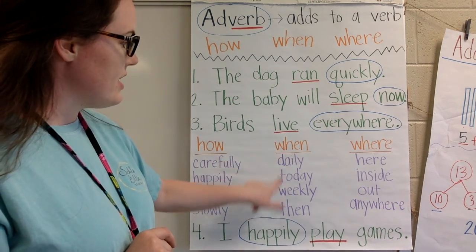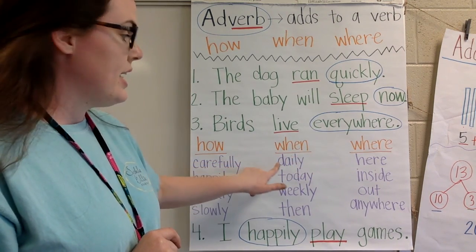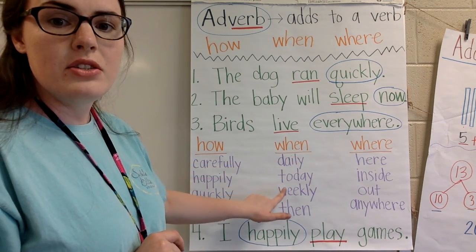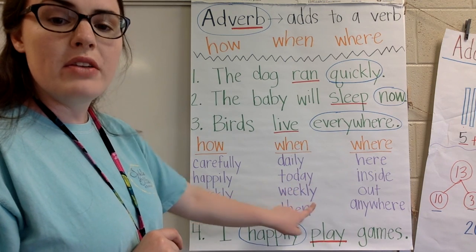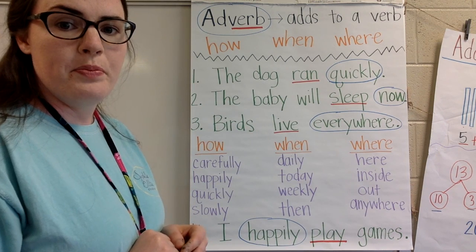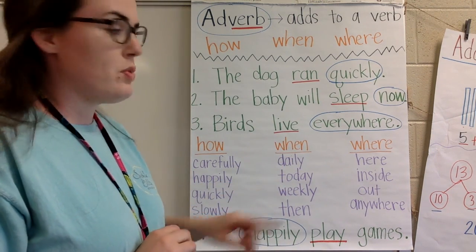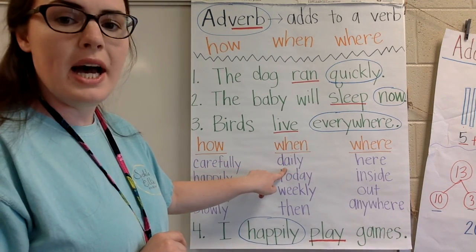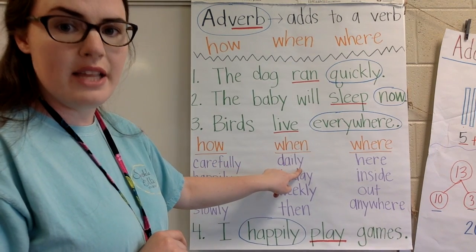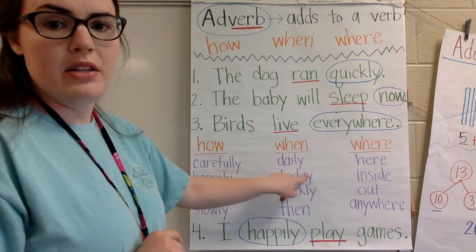Let's go to this list. These are adverbs that tell when. So let's read these. We have daily, today, weekly, then. So think about those adverbs and when you could use those. We can practice with this one. I make my bed daily. So this tells when you make your bed.